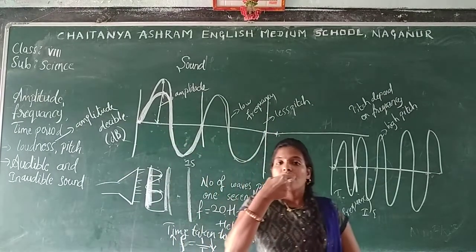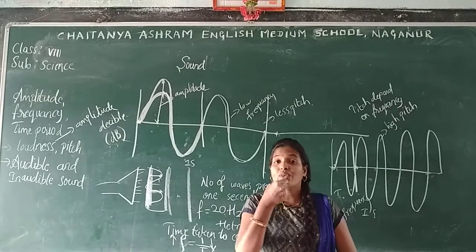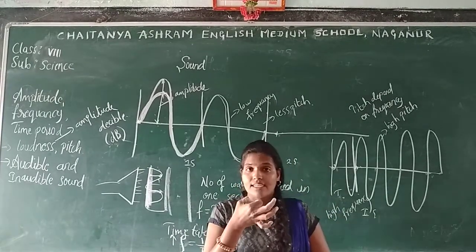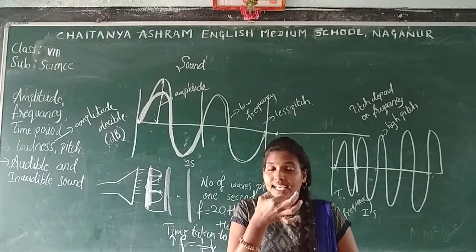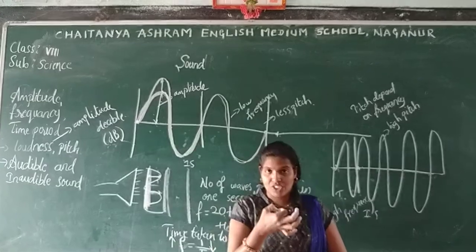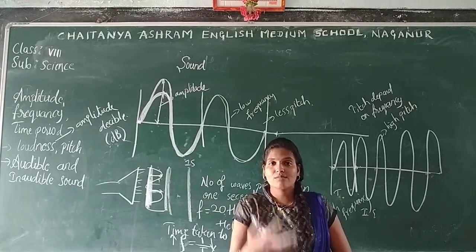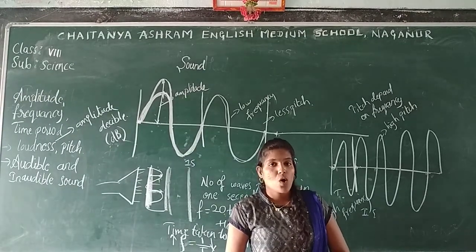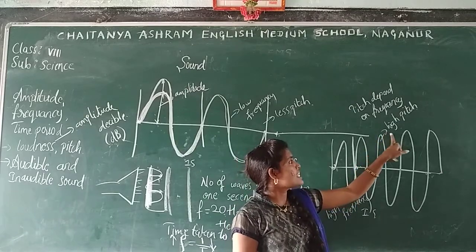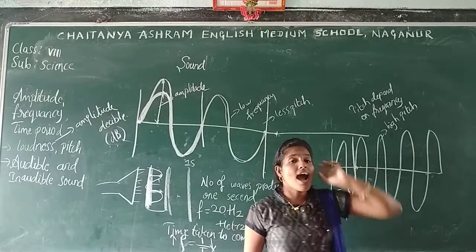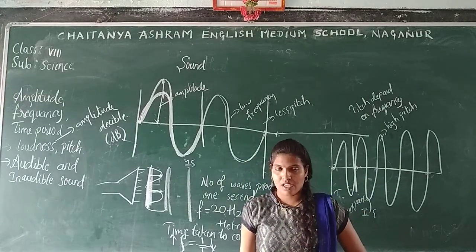And if you take a whistle, that sound has a high pitch. High pitch means the number of frequencies is more. So we can say the sound of a whistle is a high pitch sound.